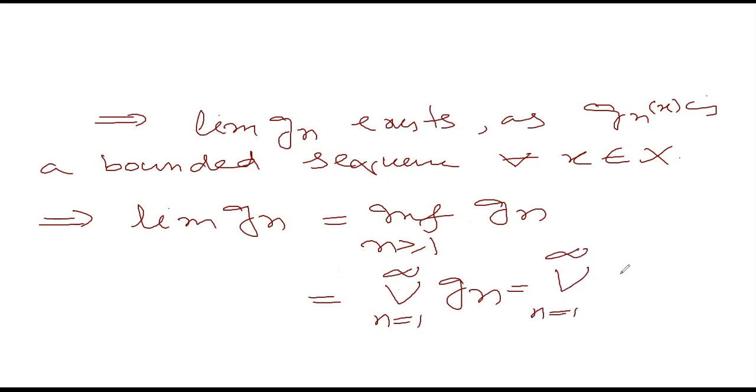What's Gn? Gn is a join. The limit is the infimum, which is the meet. It's actually the meet, it's not join here.